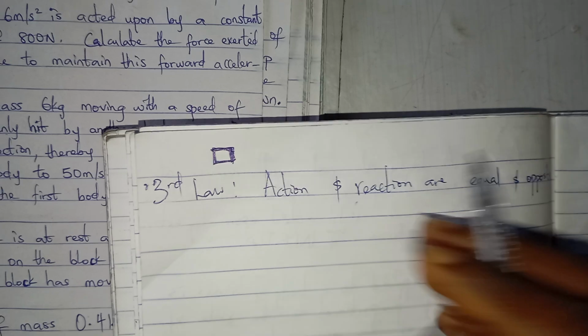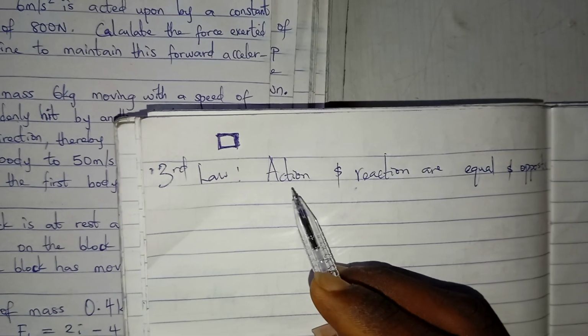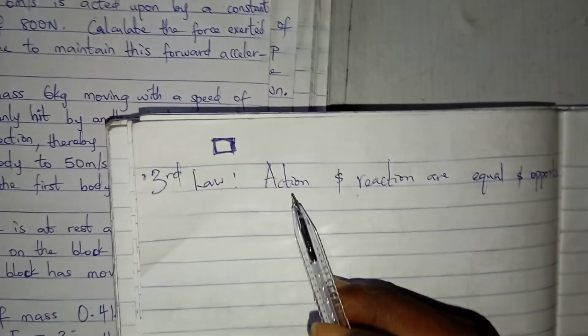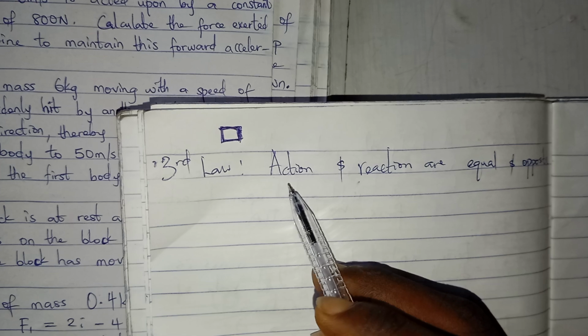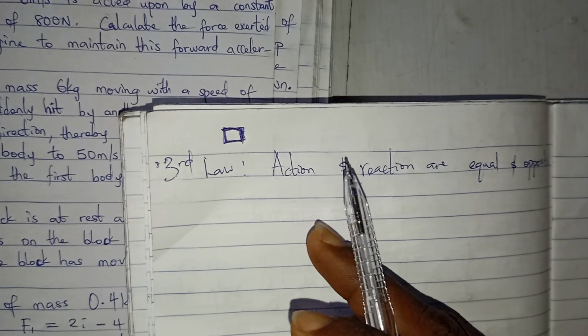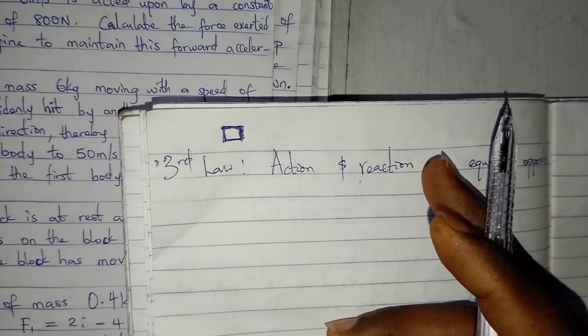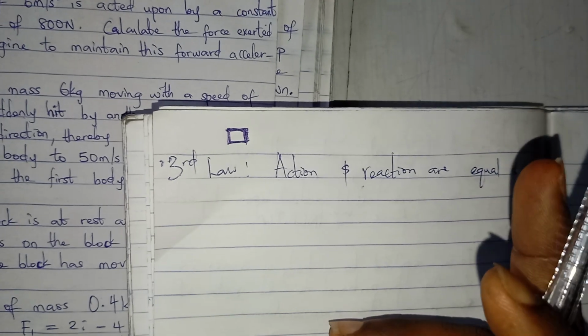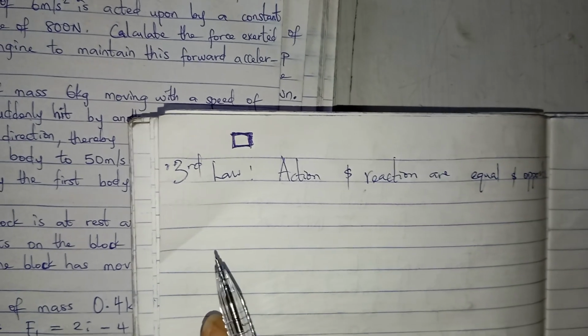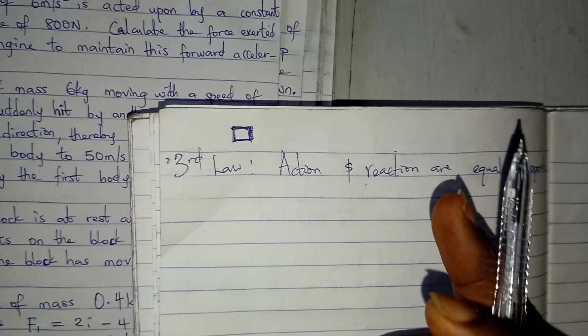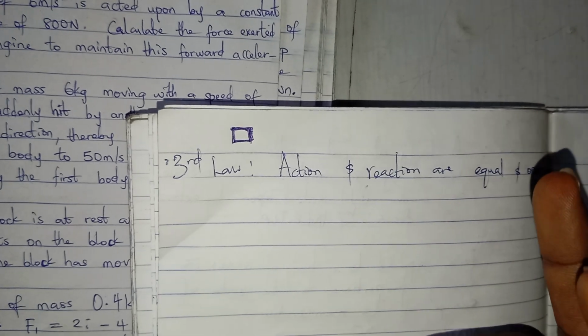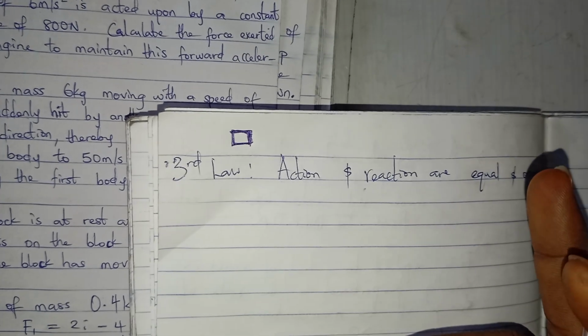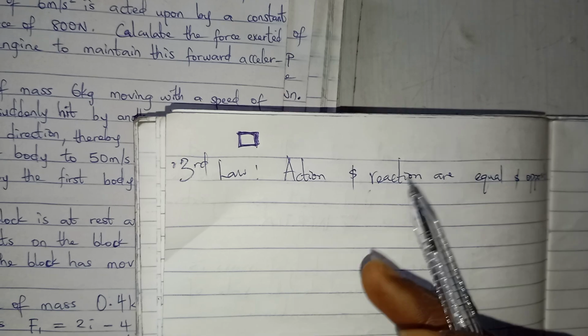And this law was stated as the force experienced by a body of mass is directly proportional and opposite to the force experienced by another as a result of the force applied by the second, or you say the second object.